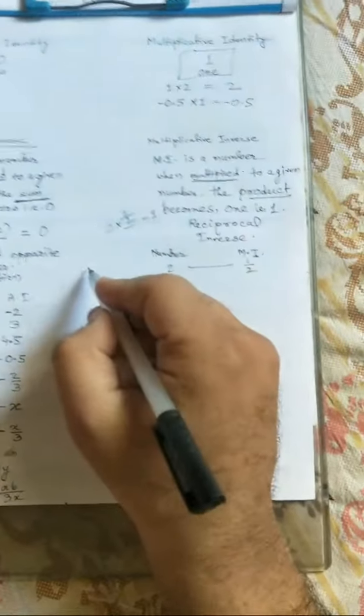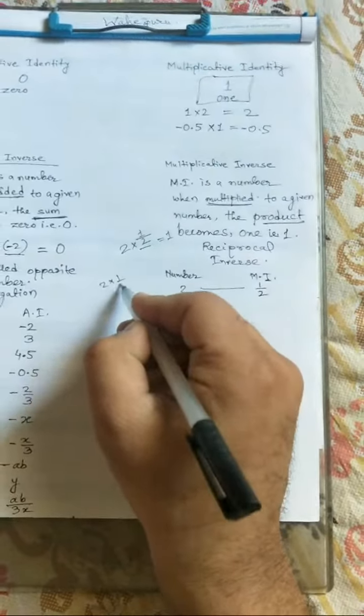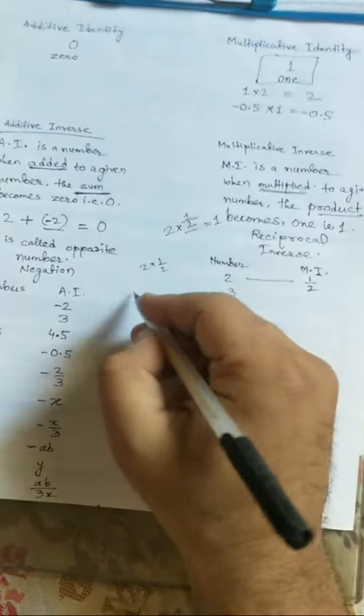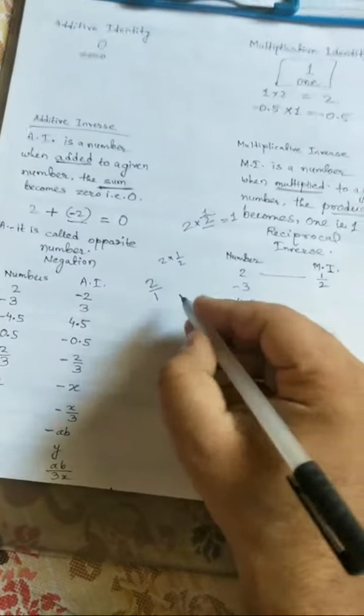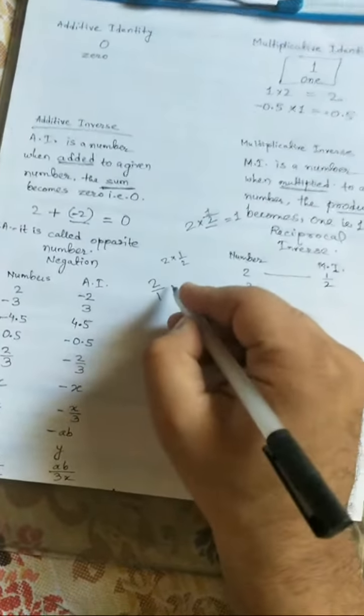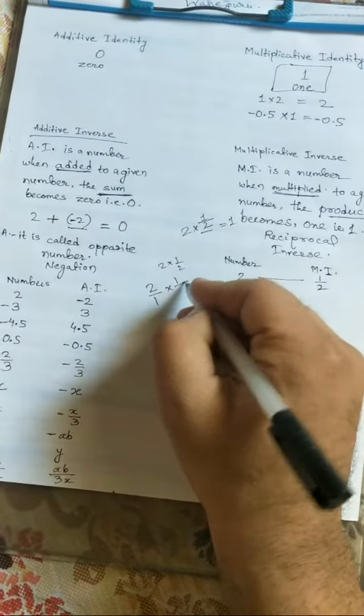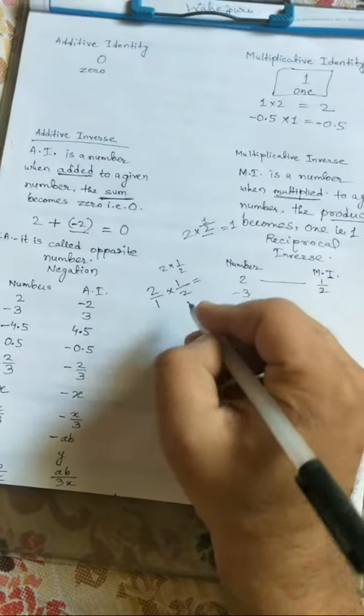You need the answer as 1, and that is got only when numerator and denominator get cancelled. So the trick is, suppose 2 is the given number, that means 2 by 1. So your multiplicative inverse would be 1 by 2.